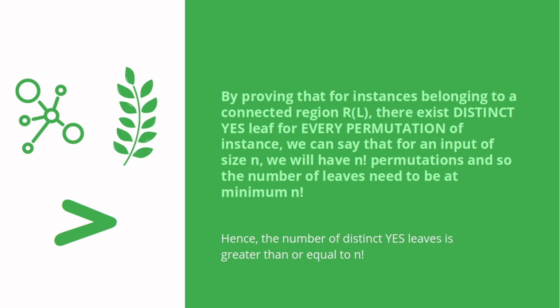By proving that for instances belonging to a connected region R of L, there exists a distinct yes leaf for every permutation of instance, we can say that for an input of size n, we will have n factorial permutations, and so the number of leaves needs to be at minimum n factorial. Hence, the number of distinct yes leaves is greater than or equal to n factorial. We can say this on the basis of observations made in the decision tree model.